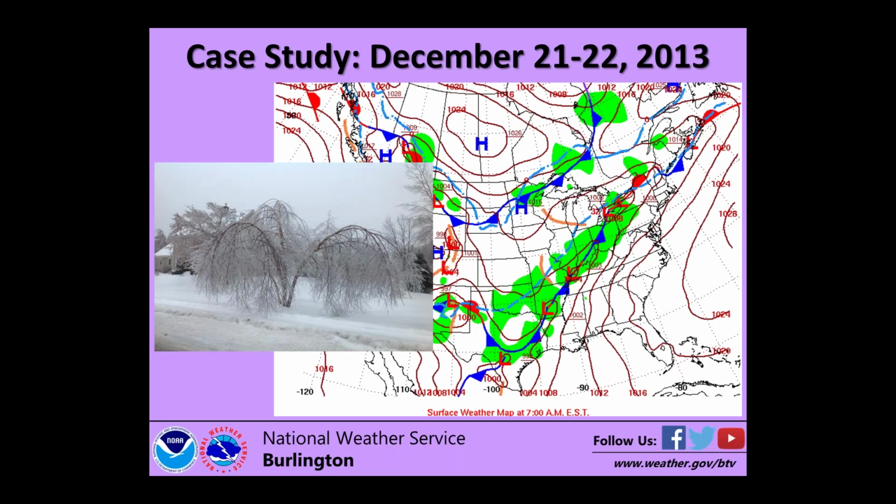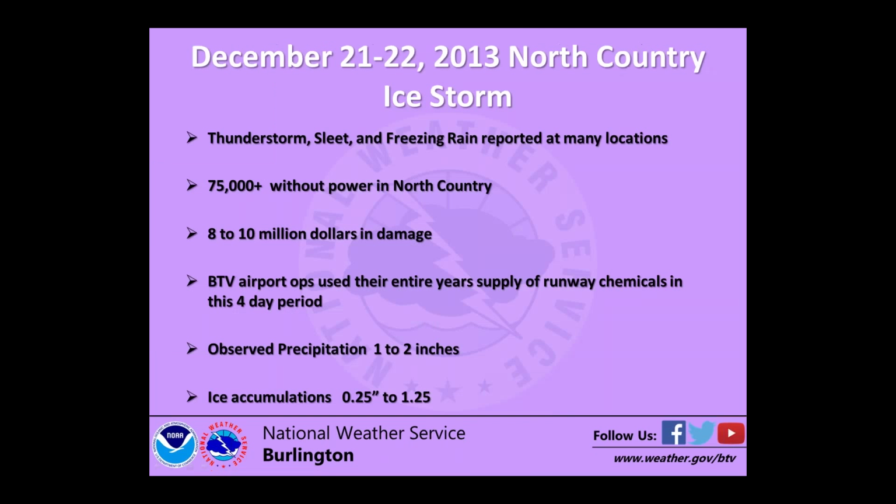So quickly going through our case study from about 2 years ago, you can see the tree completely weighted down by all the ice that fell as we had a warm front moving over the area. This occurred December 21st through 22nd, and there were thunderstorms, sleet, and freezing rain reported with over 75,000 power outages, and $8 to $10 million in damage.